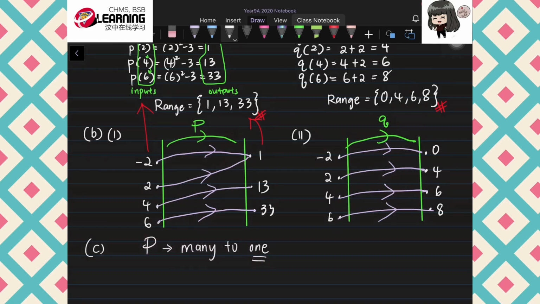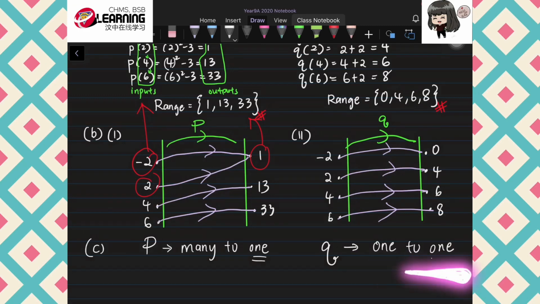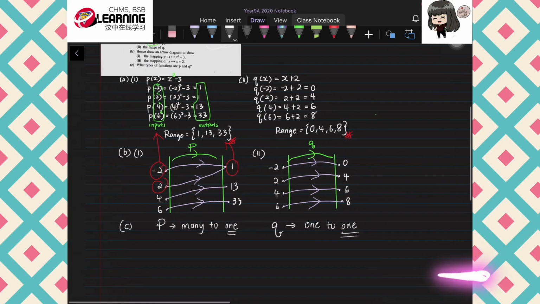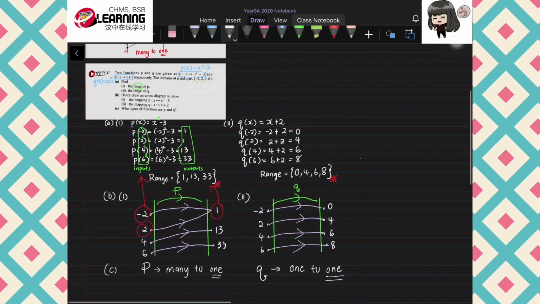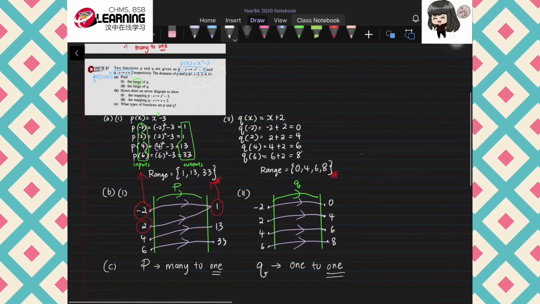We have many inputs, which is -2 and 2, going to only one output, right? So function of P is many to one, and function of Q is obviously one to one. It's also called a function because it has only one output. Alright, so we have finished our try it 2.